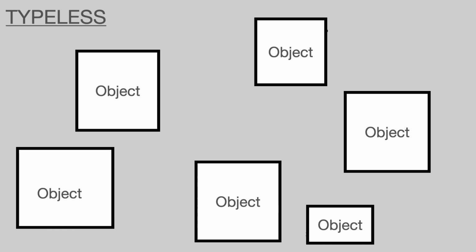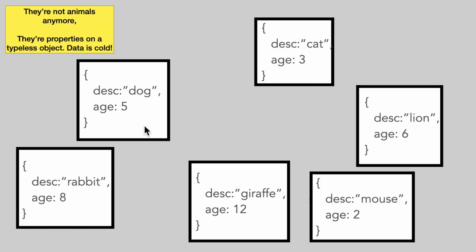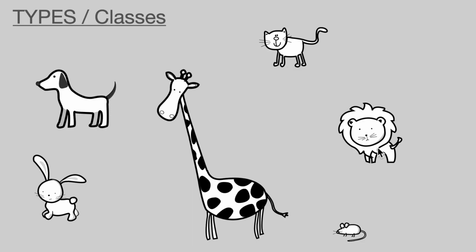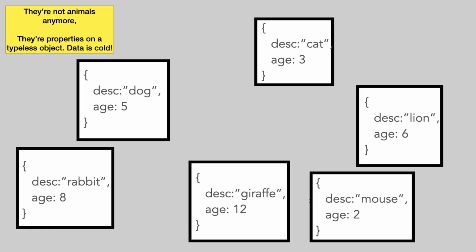In JavaScript, it's all typeless, and in object-oriented programming, it's mainly types, different classes for each thing. So when it comes to the objects themselves in JavaScript, the only thing we're concerned about is the object's properties. Here are some properties for those animals that we had before. I'll give them two properties: a description of what kind of thing it is, and their age. So a rabbit, a dog, and so forth. In JavaScript, everything is an object, like in the world.